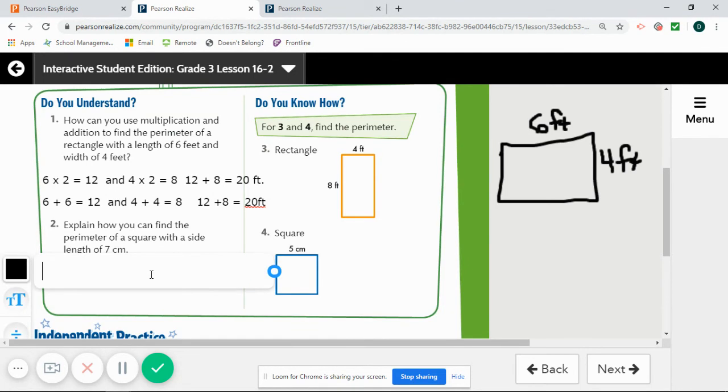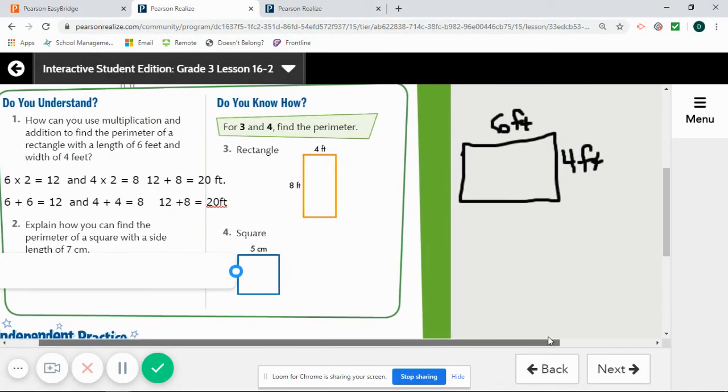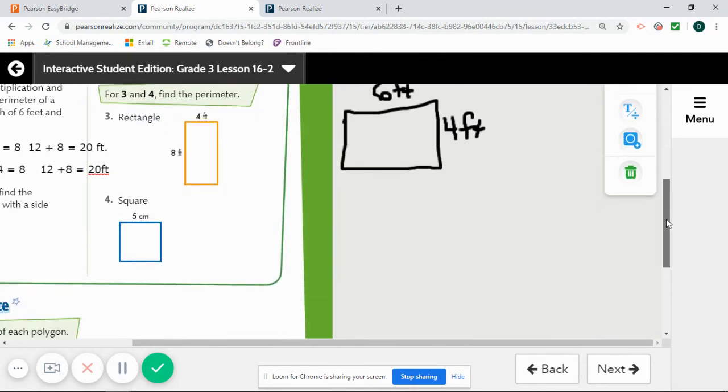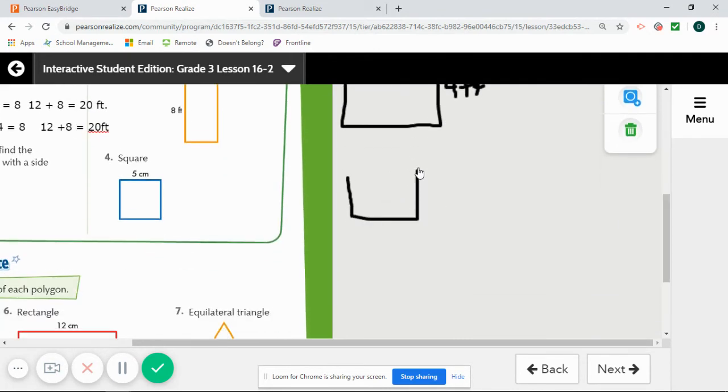Okay, number 2, it says explain how you can find the perimeter of a square with a side length of 7. Well, the first thing I'm going to do is think about what sides a square has and how many sides a square has, because if I know the object is a square, I will draw one. This is not a perfect one, sorry.